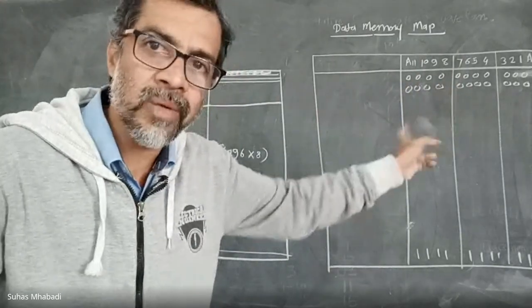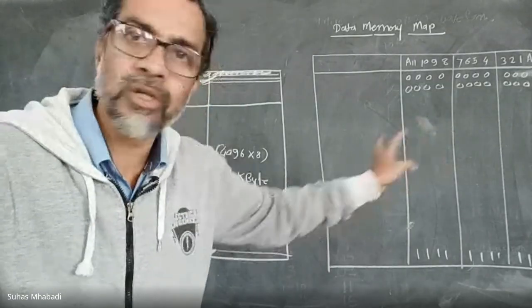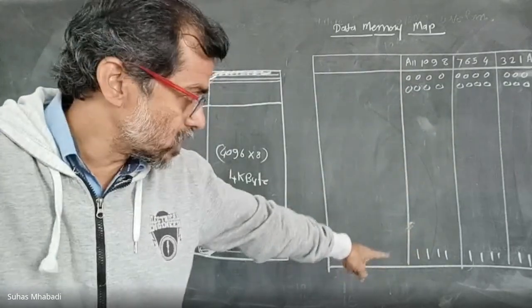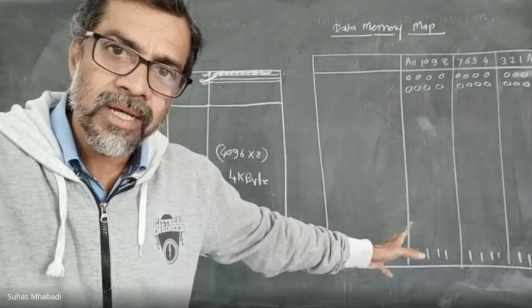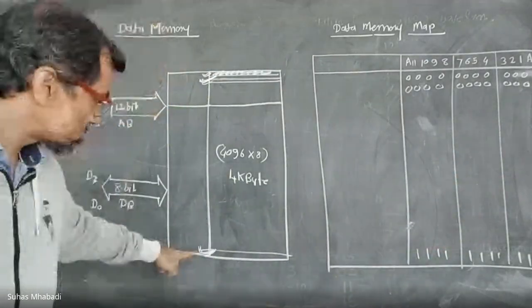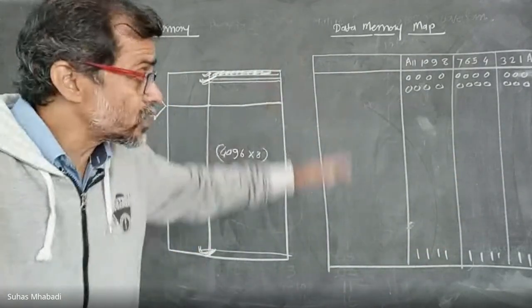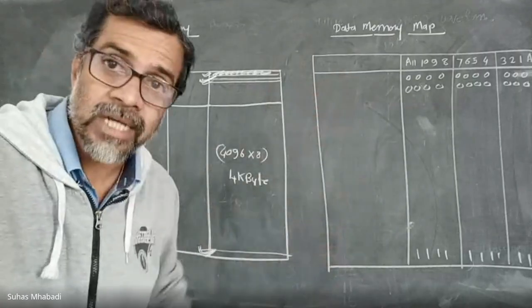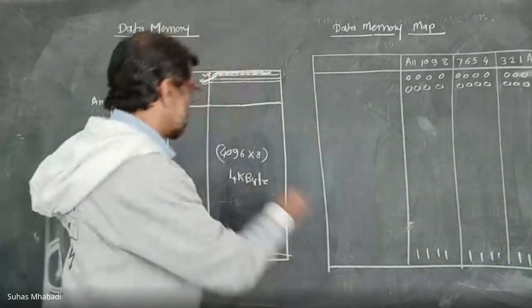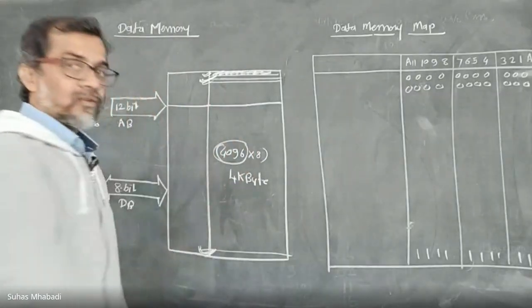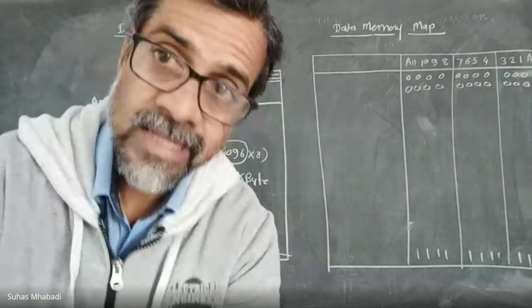So in total, I begin from all 0, then remaining zeros and 1, then 1, 0, 1, 1, 1, 0, 0, 1, 0, 1. In that way, when I reach the last address, that is all 12 lines 1, I can communicate with the last register. In between, how many different combinations are there? The different combinations of 1s and 0s should be equal to 4096.